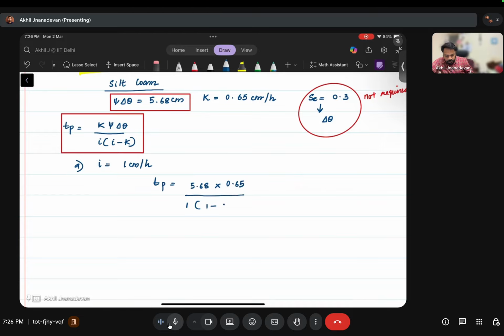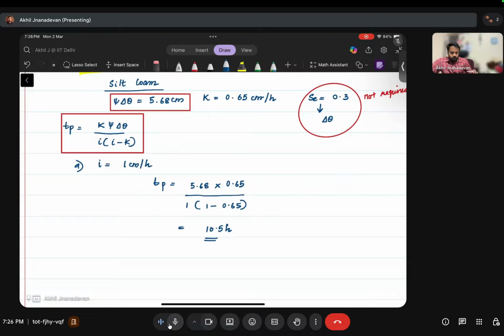So this will come to around 10.5 hours. The key takeaway is that when 1 centimeter per hour rainfall is happening, only after 10.5 hours will the ponding start.